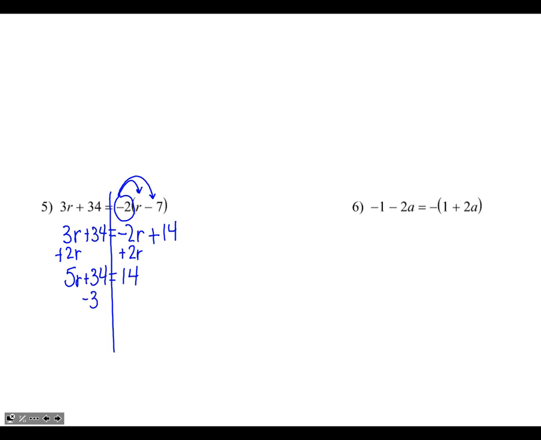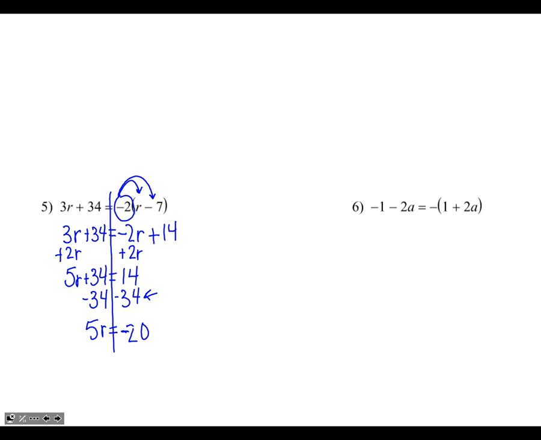So subtracting 34 from both sides gives me 5r equals, now here I got a positive 14 and negative 34. The signs are different, so I'm going to find the difference. 34 minus 14, 4 minus 4 is 0, 3 minus 1 is 2, that's 20, and 34 is bigger than 14 and it was negative, so my answer needs to be negative, negative 20.